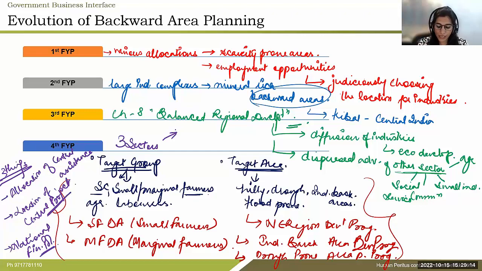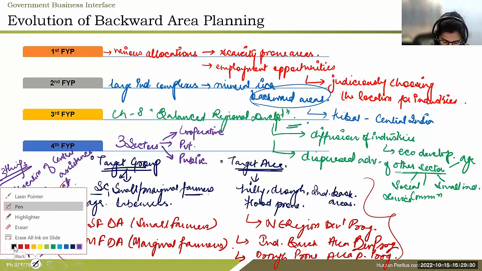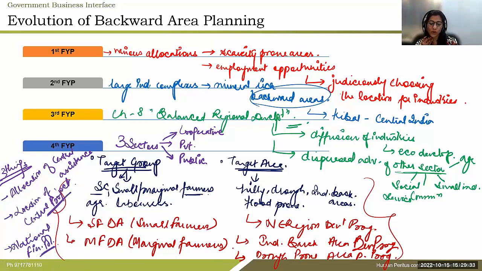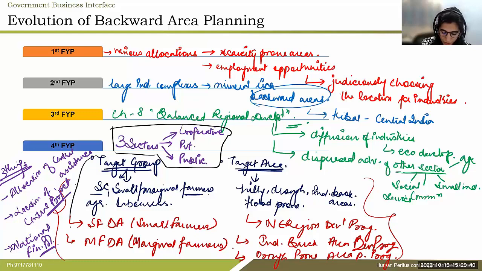A backward area can be considered backward in the cooperative sector if there are fewer cooperative societies or industries, then the private sector, and then the public sector. There's a little lack of space here, so I would want to make different categories here.